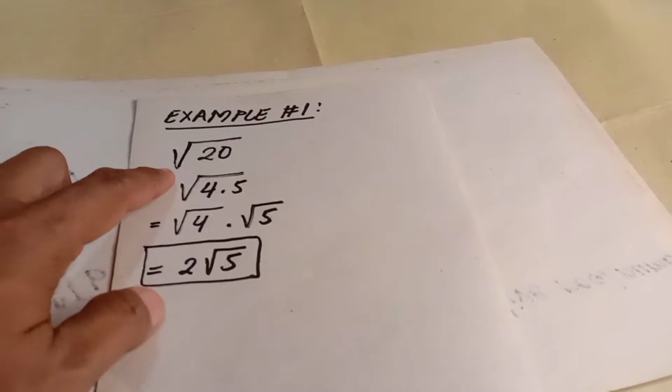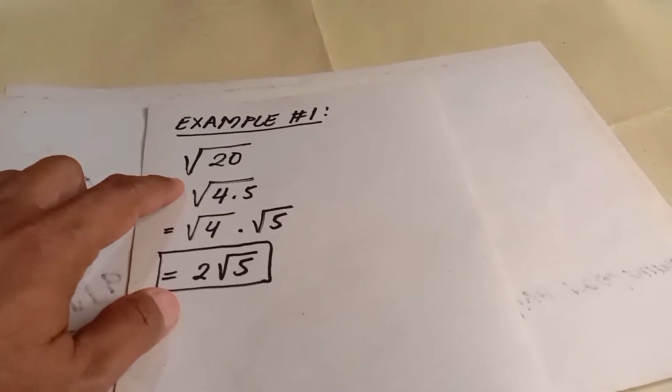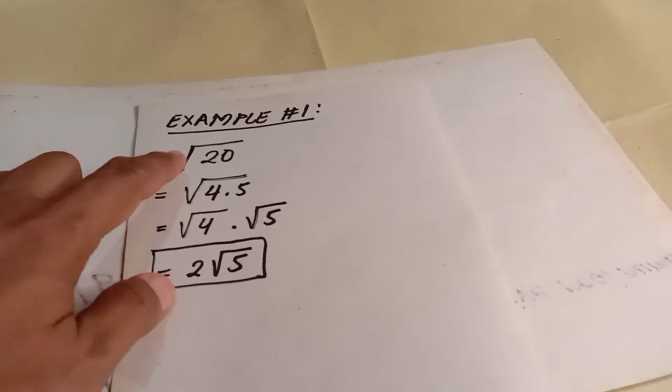Now, to simplify this, ano ba yung factor or yung perfect square ng 20? Diba guys, yung 20 is meron siyang factor na 4 and 5 at saka meron ding 10 and 2. 10 times 2 is 20. The other factor is 4 and 5, which is 4 times 5 is equal to 20.